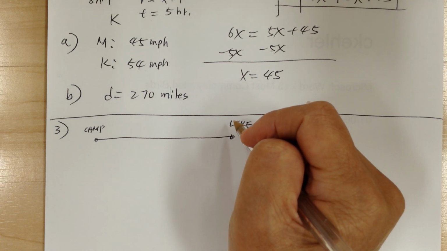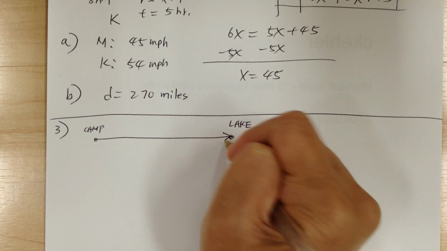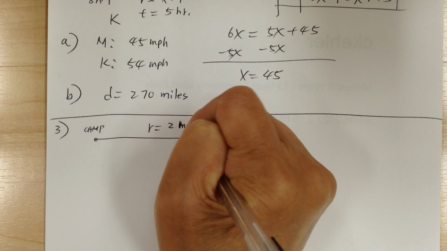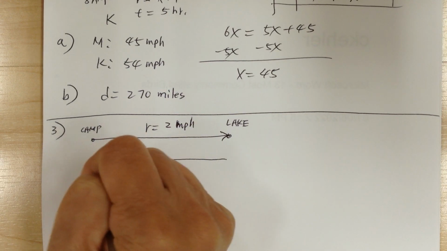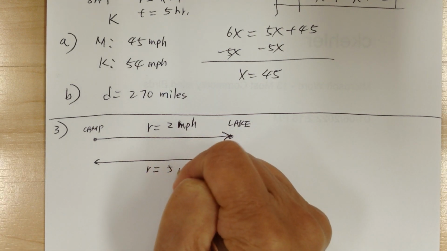He walked at a rate of 2 miles per hour going, and coming back the rate equals 5 miles per hour.